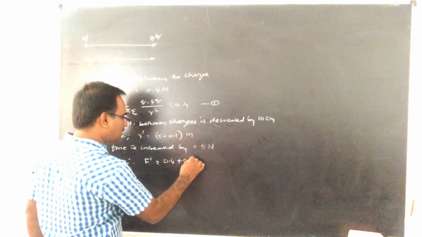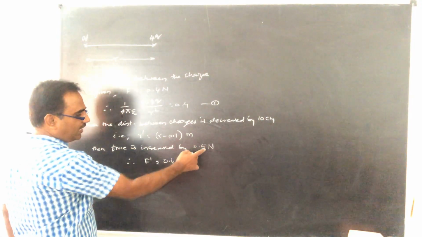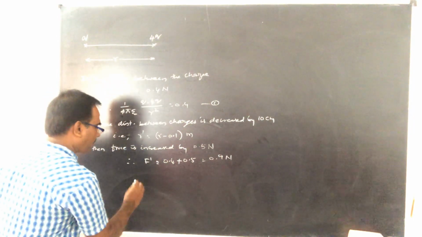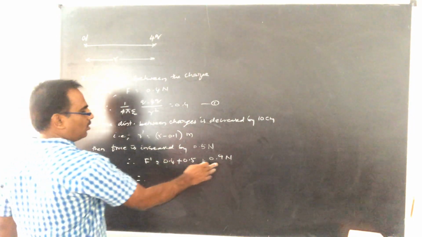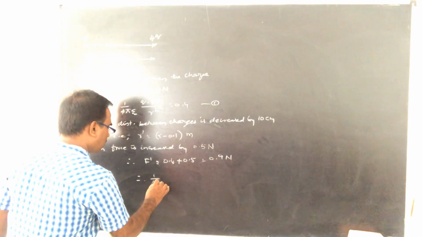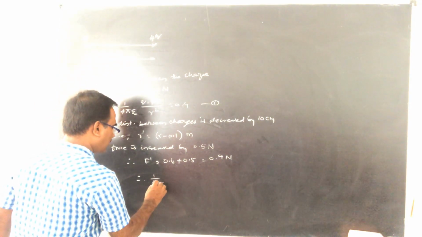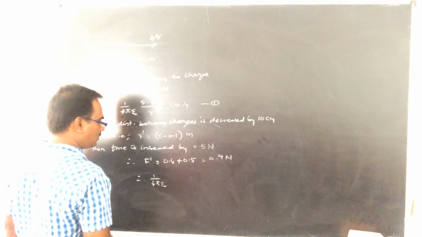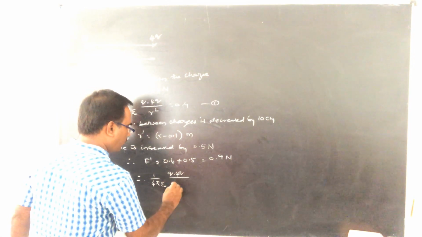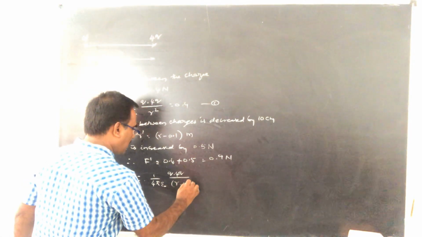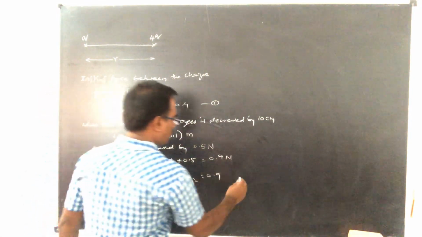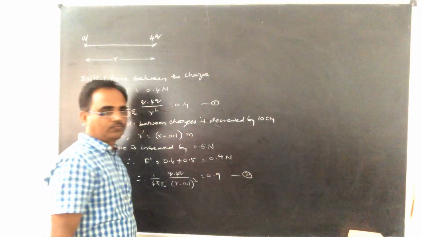Initial force plus the force that has been increased. So this becomes equal to 0.9 Newton. Therefore, the expression for this new force can be written as 1 by 4 pi epsilon naught q into 4q divided by r minus 0.1 whole square is equal to 0.9. So this is equation 2.